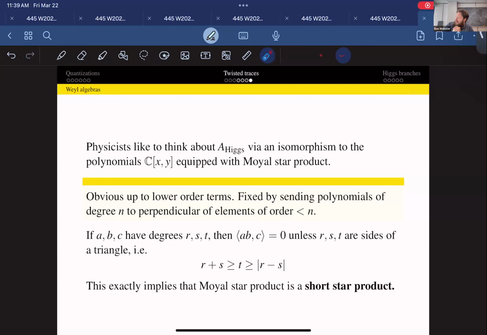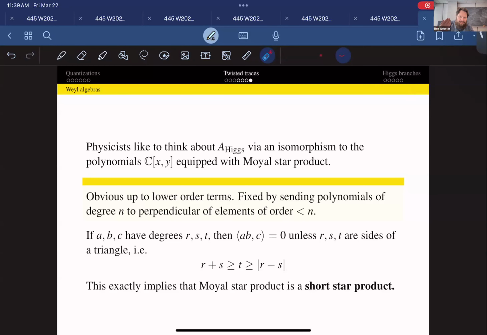What I'm trying to say here is, if I think about differential operators, I can't say differential operators which have exactly order n. I can only say order less than or equal to n. And I can use this inner product to say that things of order n should be perpendicular to things of order lower than n. I promise you this works.